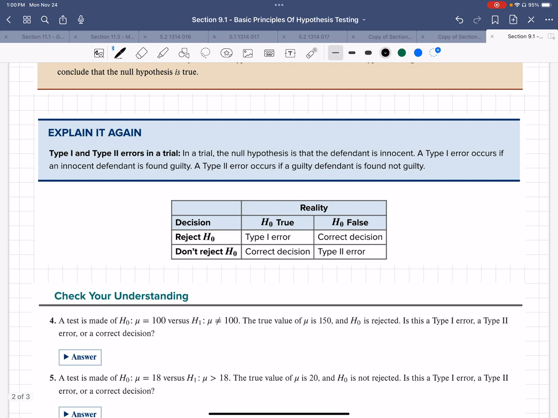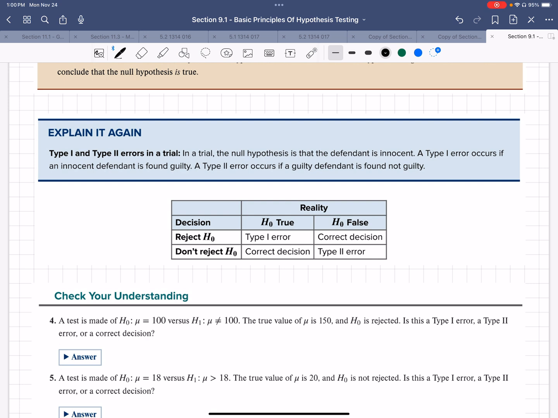So, type 1 and type 2 errors in a trial. Type 1 and type 2 all come from whether you accept or reject the null and whether it was actually true or not true. In a trial, the null hypothesis is that the defendant is innocent.